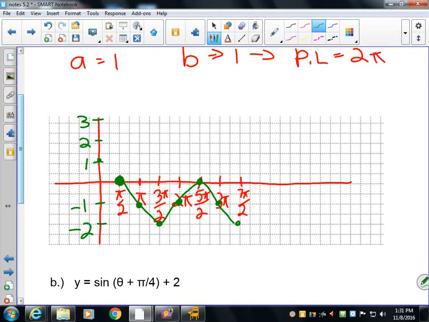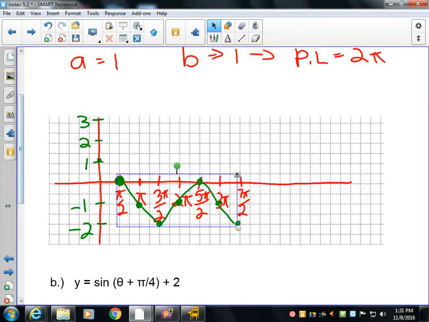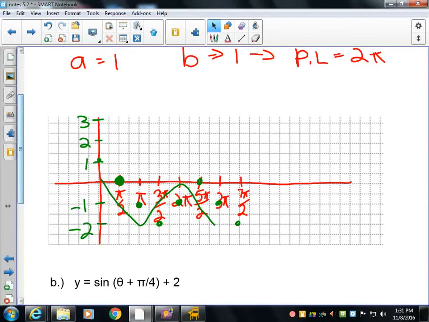Okay? So we shifted it pi halves over and down 1. Because I tell you, if I would have actually taken this and shifted it over pi halves and up 1, that looks like a normal cos graph, right?